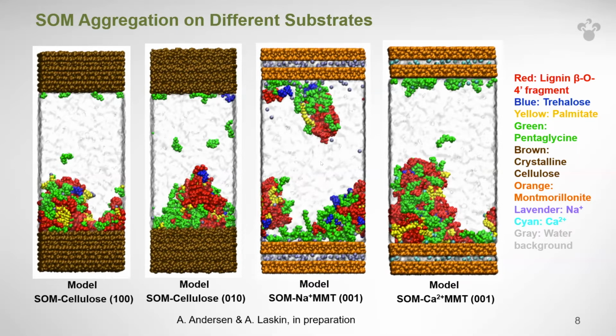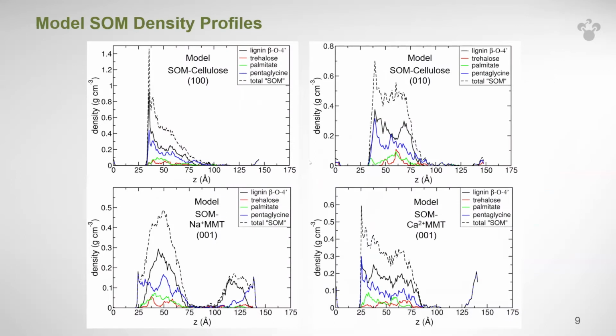And if we take a closer look at what is going on with these organic compounds on these surfaces, we look at the density as a function of distance from these surfaces.